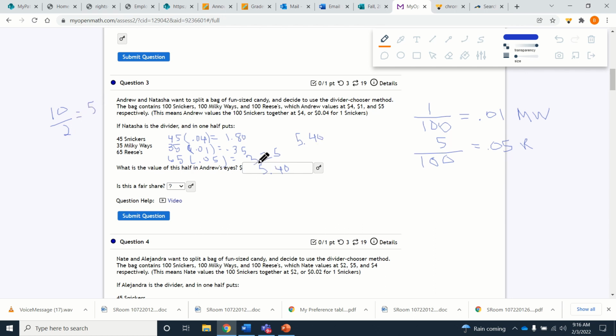And this is more than $5, so Andrew would consider that fair. He's getting more than what he sees as the value of half of the loot, essentially. So is this a fair share? We would say yes. Now, if this had added up to less than $5, it wouldn't have been a fair share to Andrew. He would have felt like he was getting gypped by this half.